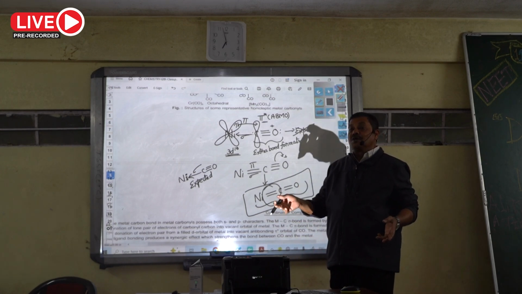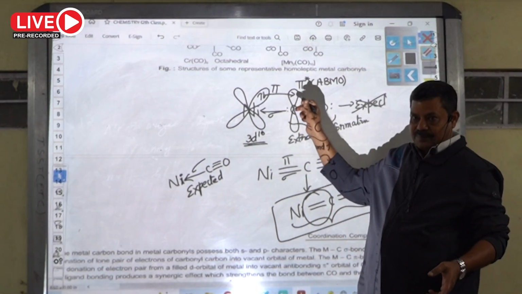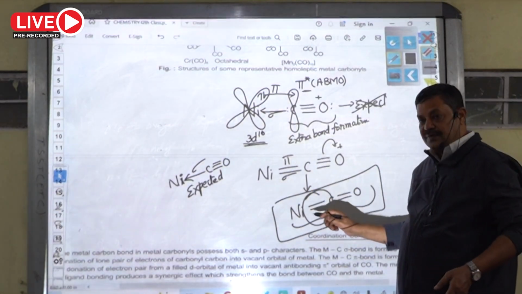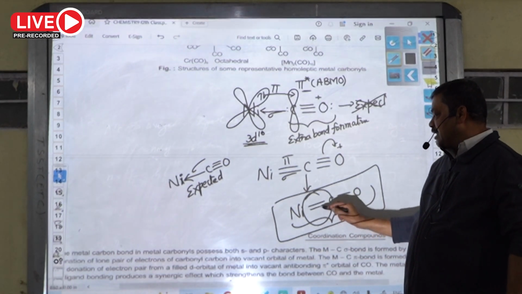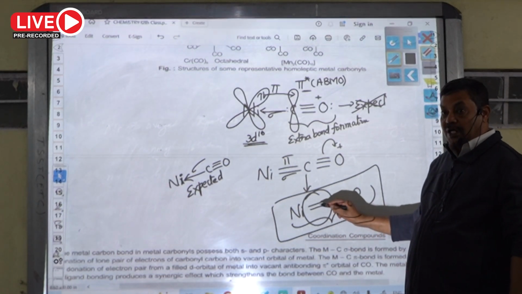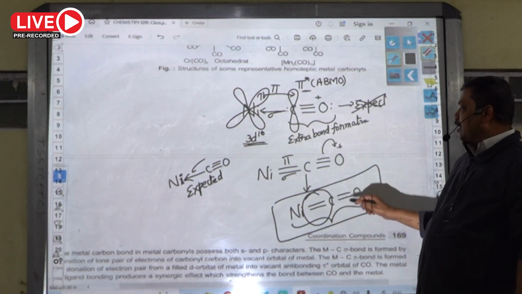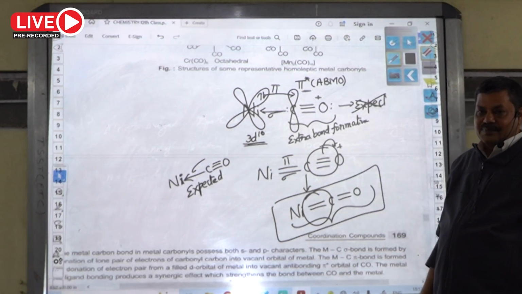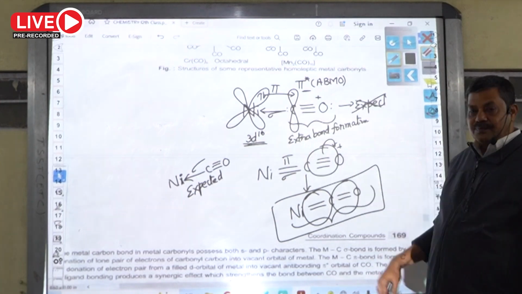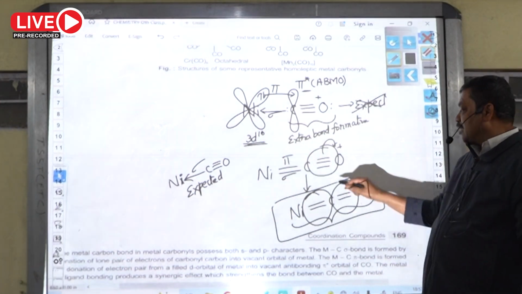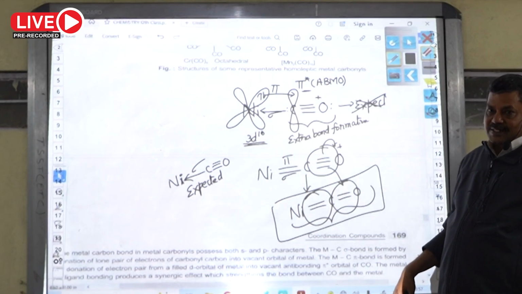The increase in bond strength due to back bonding or due to the formation of an extra pi bond. So bond energy increases, bond length decreases. Between carbon and oxygen, initially it is a triple bond, now it became a double bond. So here bond energy decreases, bond length increases.